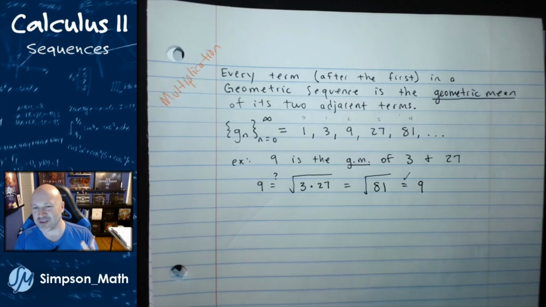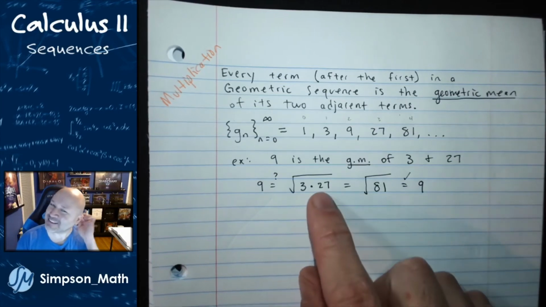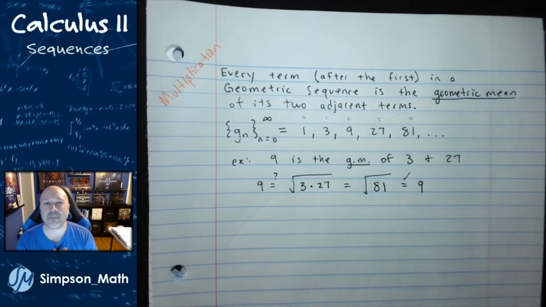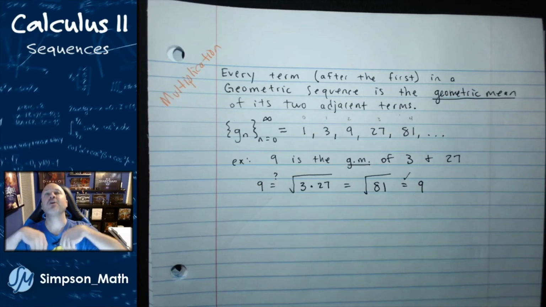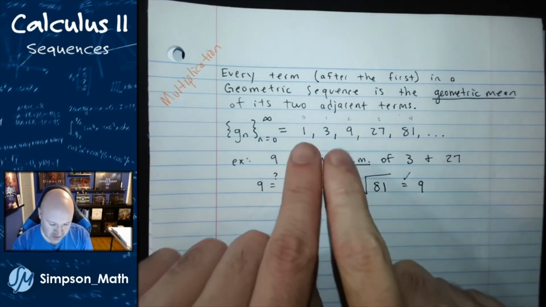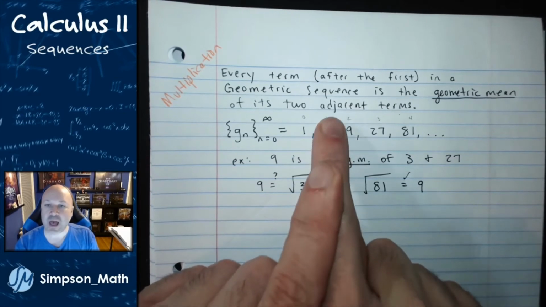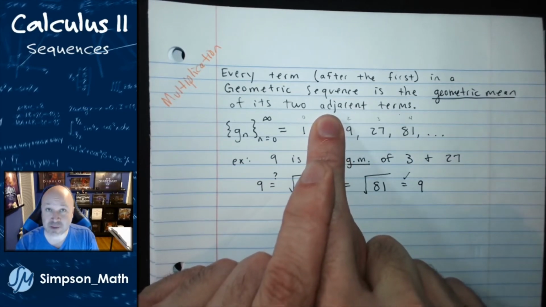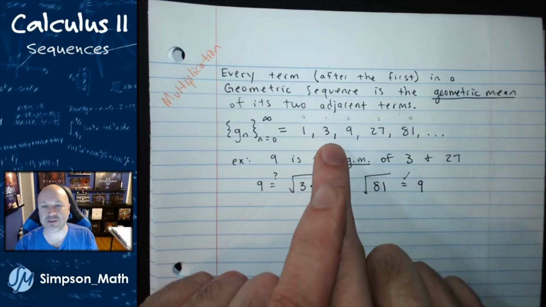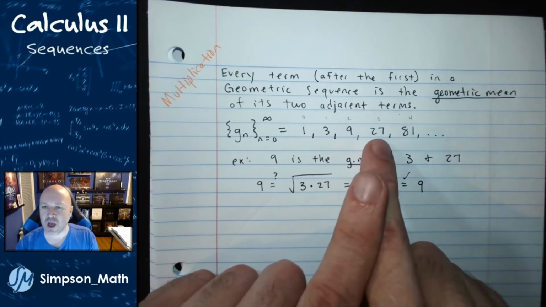Even I haven't worked with the geometric mean that often. I got a little confused, but there you go. That's always going to be the case for these geometric sequences. If you take the adjacent terms, multiply them together and find the square root, it'll be equal to that term. Let's do that again. I take these two terms, 1 and 9, and multiply them together. I get 9. The square root of 9 is 3.